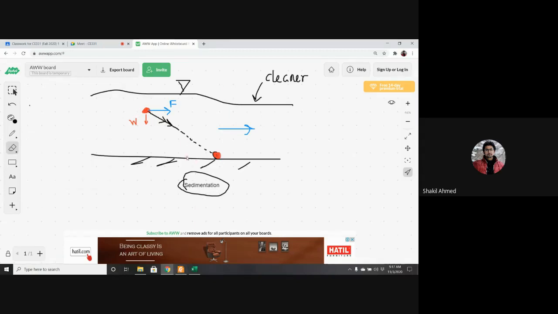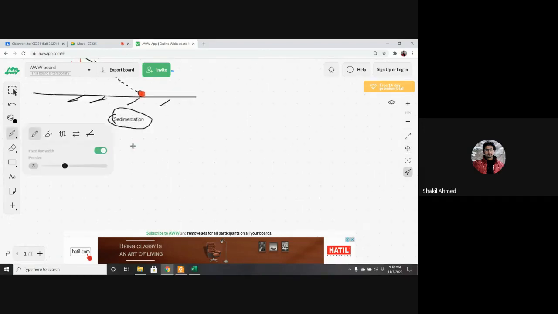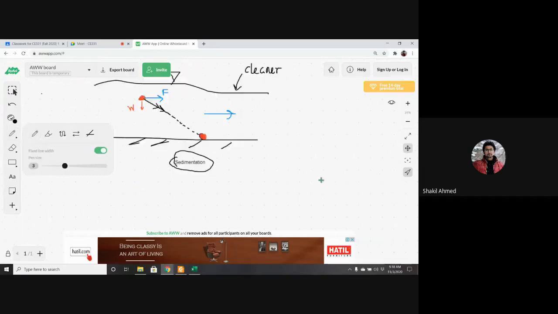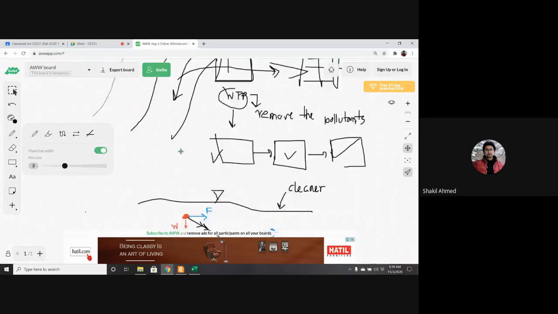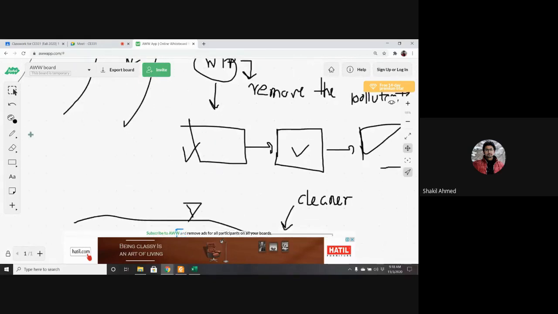So we usually use a tank. For example, this is our sedimentation tank.